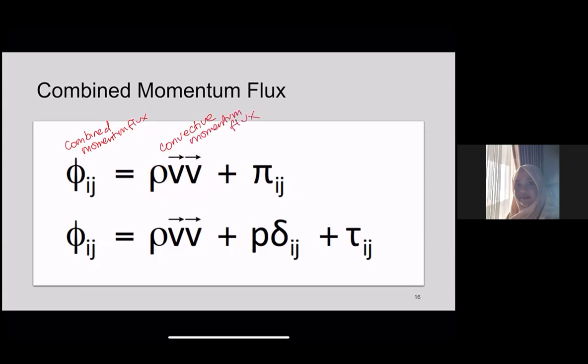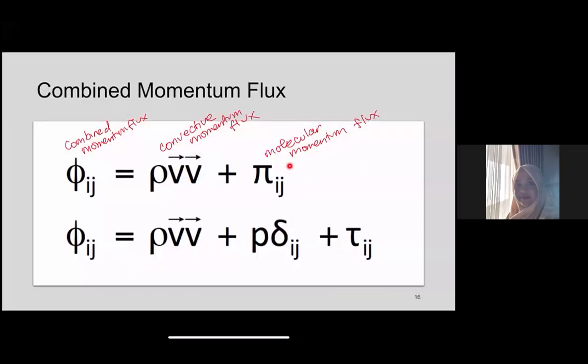To flux, and psi ij is the molecular. Okay, so the combined momentum flux is actually correlated with the convective momentum flux plus molecular momentum flux.